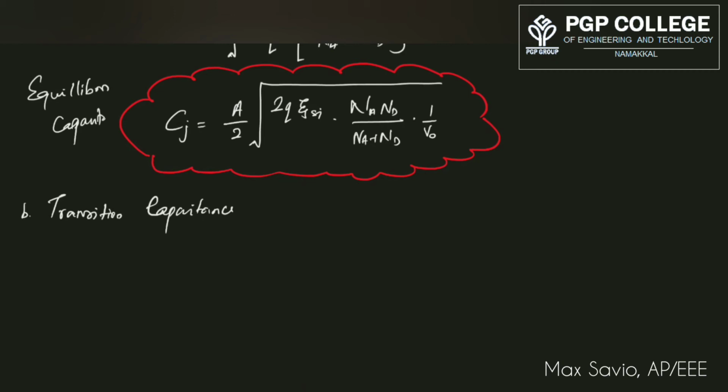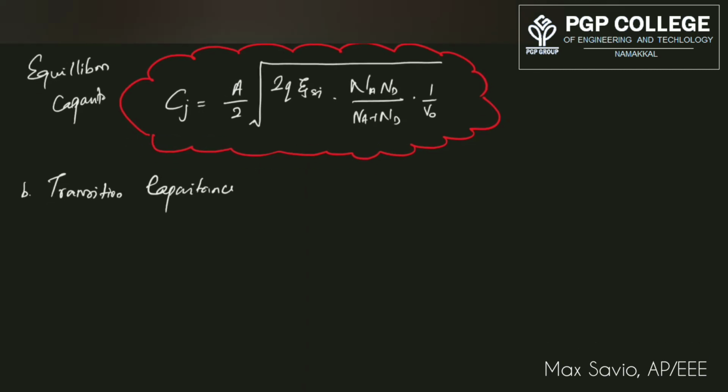In transition capacitance, what happens is it is in the reverse voltage condition. That is, the anode of the PN junction diode is connected to the negative and the cathode is connected to the positive. So what happens is your depletion layer keeps increasing.